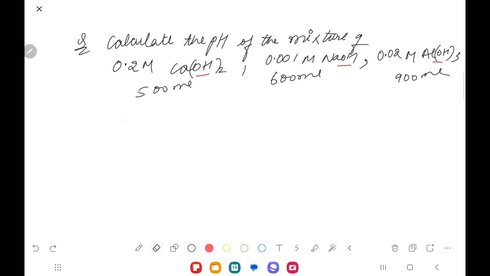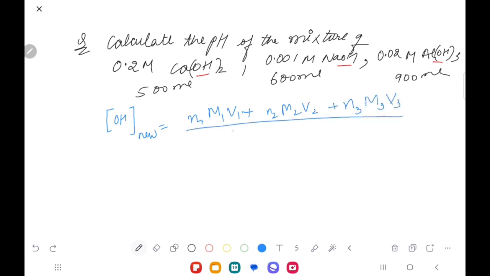I'm going to calculate pOH because for bases, we always calculate pOH. So I'm going to apply the new OH ion concentration. I'm going to say [OH] new. That would be again the same thing: N1 M1 V1 plus N2 M2 V2 plus N3 M3 V3 over V1 plus V2 plus V3, isn't it?